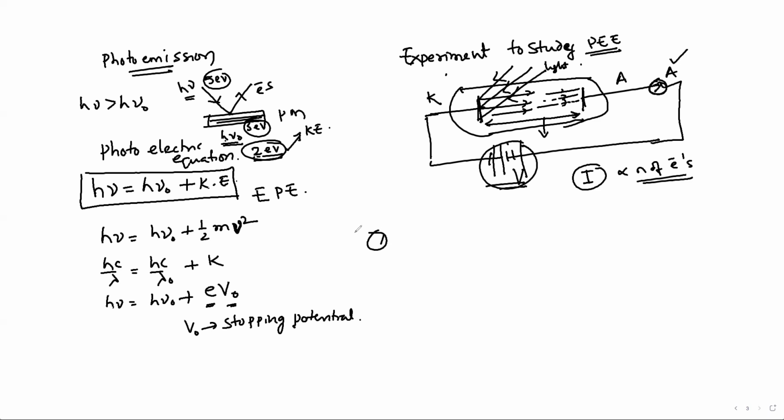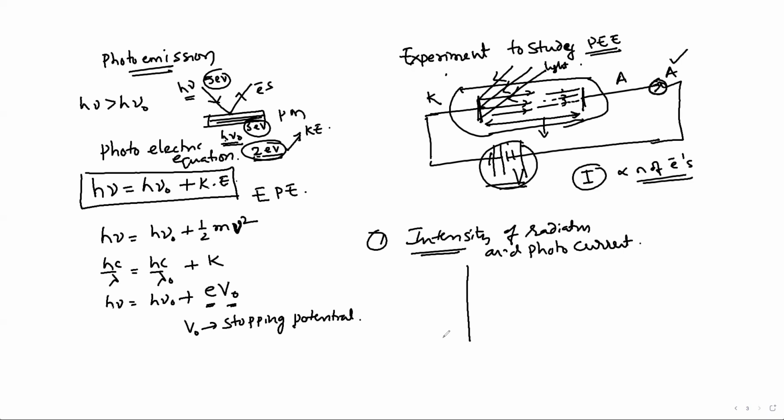The first one is the relation between intensity of radiation and current. The current is called photocurrent.